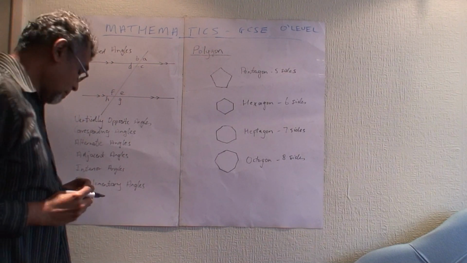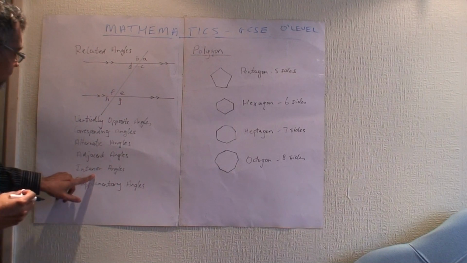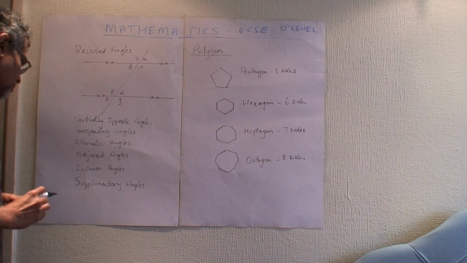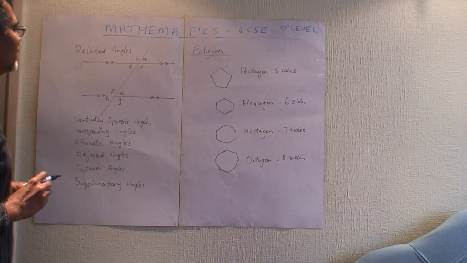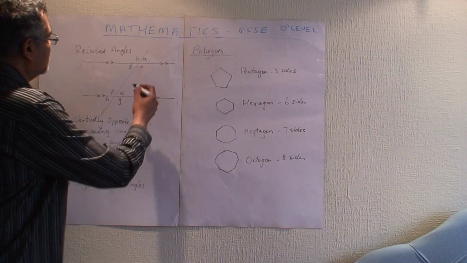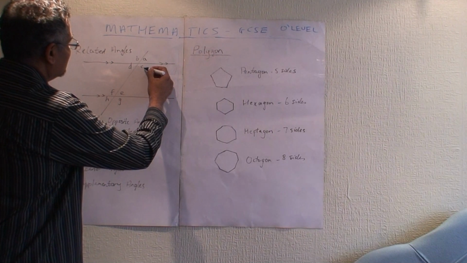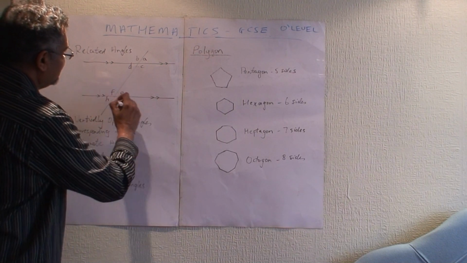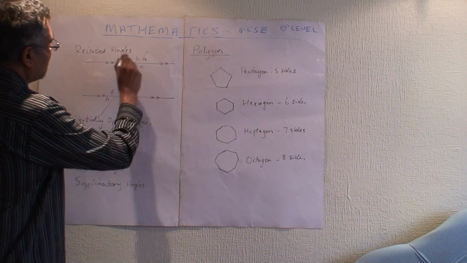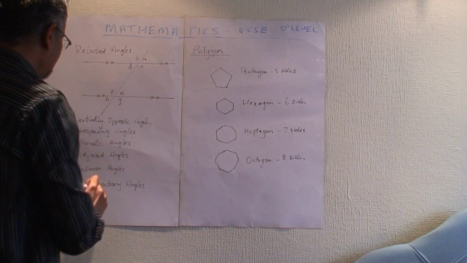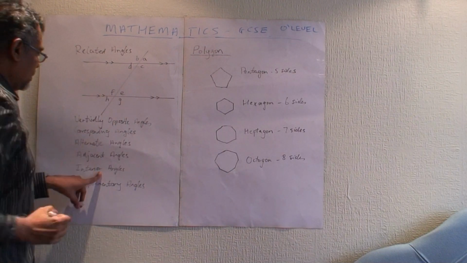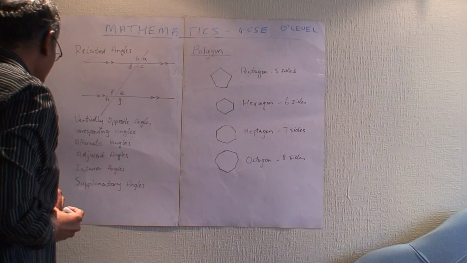Interior angles also add up to 180 degrees. If we look at C and E and D and F, inside of this diagram, the interior angles add up to 180 degrees.